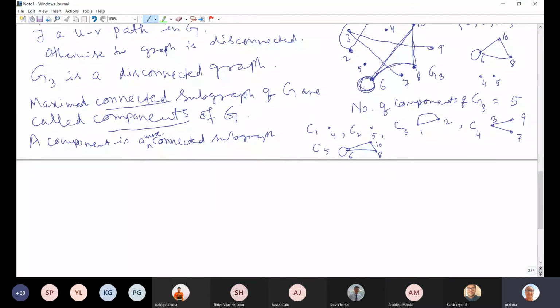Nowadays this concept of graph theory is useful in almost every branch of science and engineering, and in some cases there will be lots of computations, so manually it may not be possible. We do take help of a machine. So in a computer, how should we input a graph?